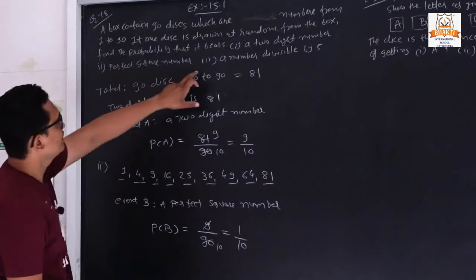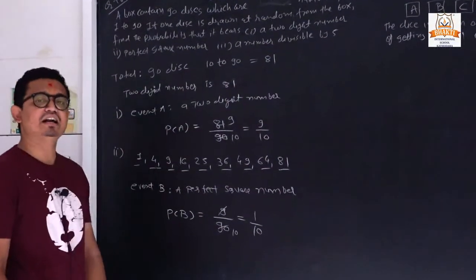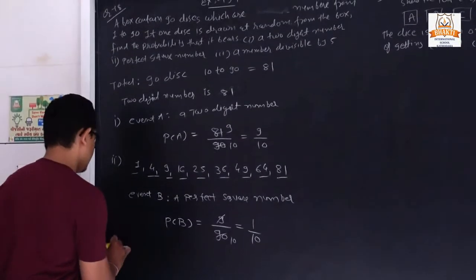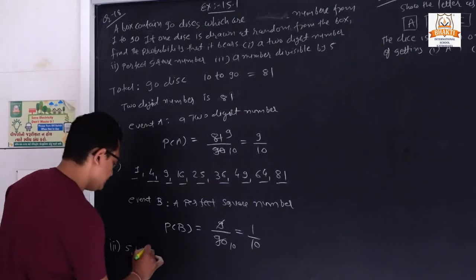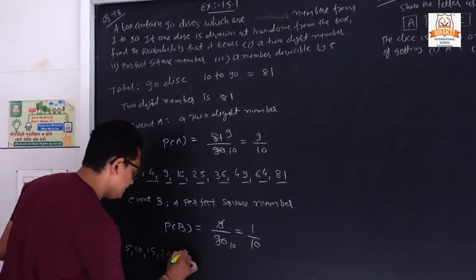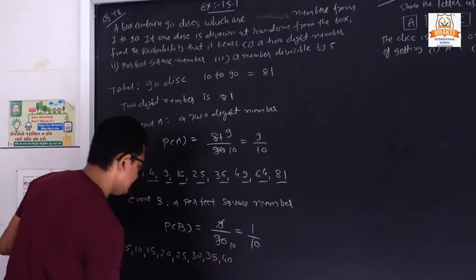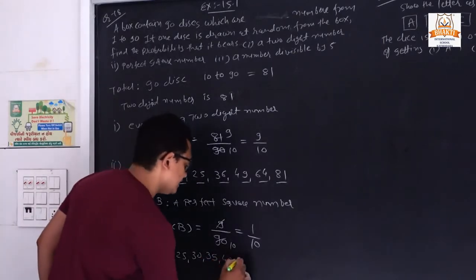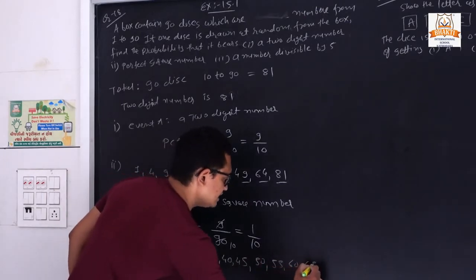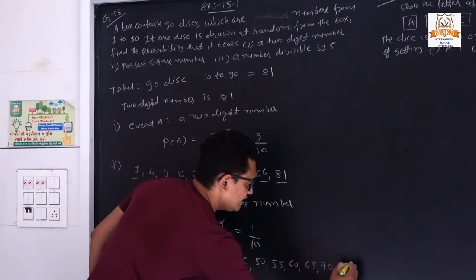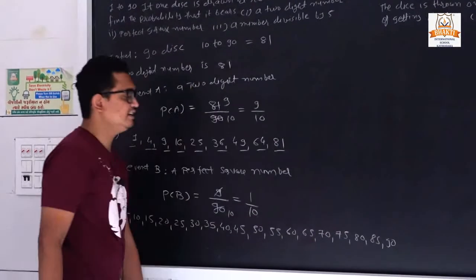Now third, a number divisible by 5. So how many numbers are divisible by 5? 5, 10, then 15, 20, 25, 30, 35, then 40, 45, 50, 55, 60, 65, then 70, 75, 80, 85 and 90.